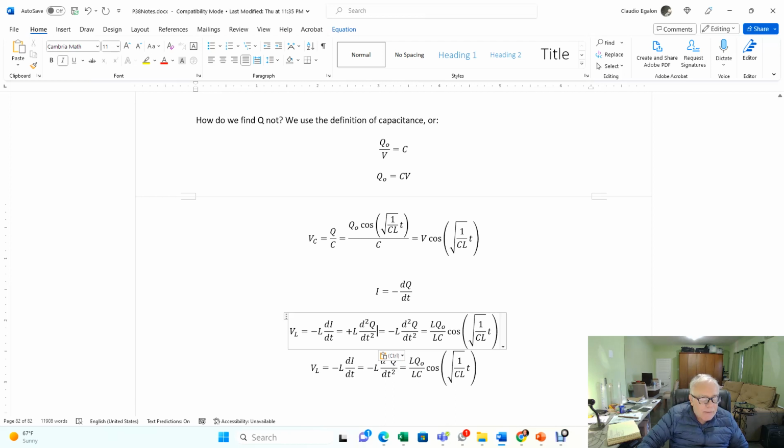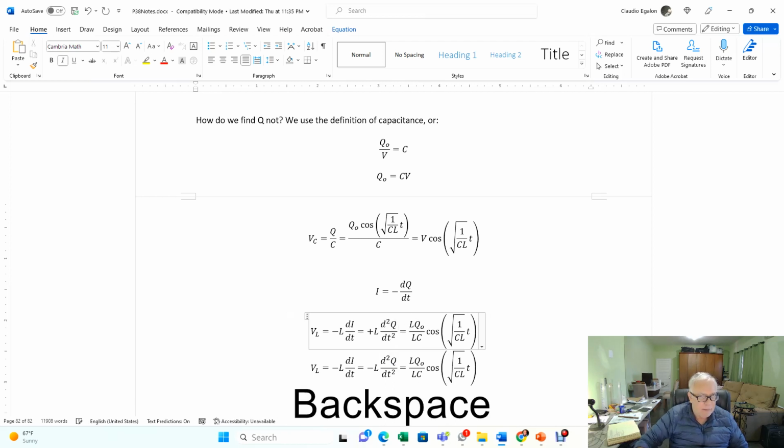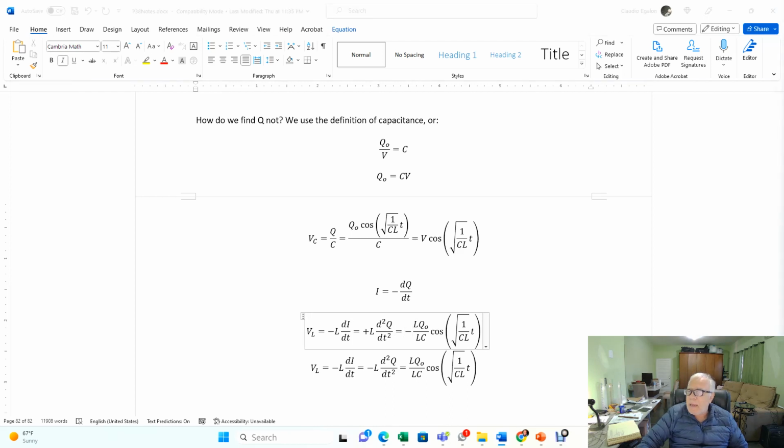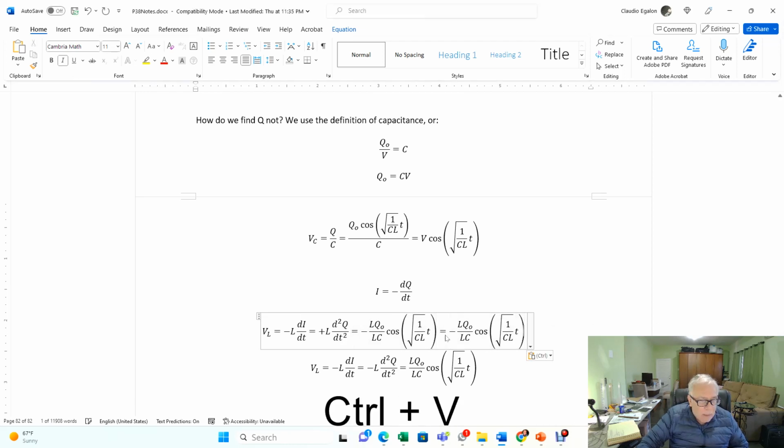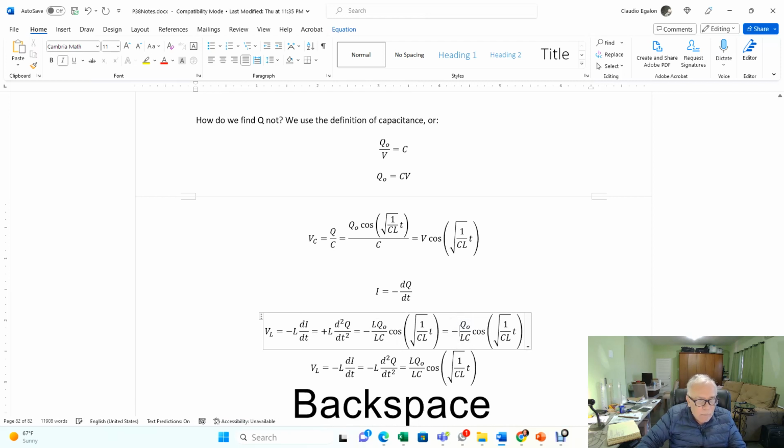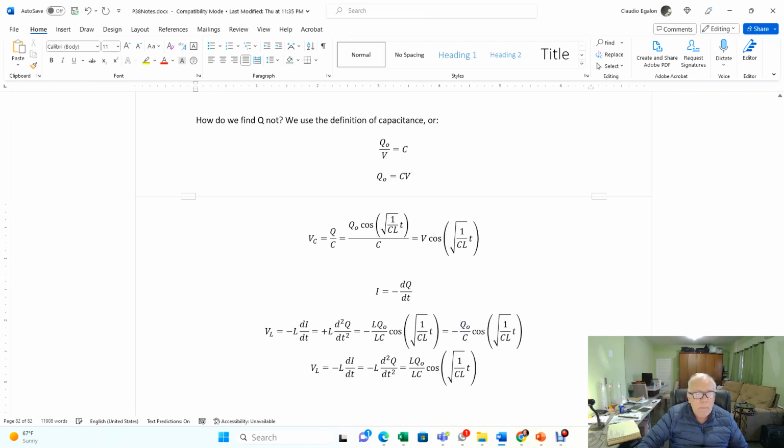And we end up having, when we differentiate the cosine the first time, we get a minus sign. When we differentiate the minus sine a second time, we get a minus cosine. And then we have all those constants that come along with the solution. Okay, so we can cancel the L here as well.